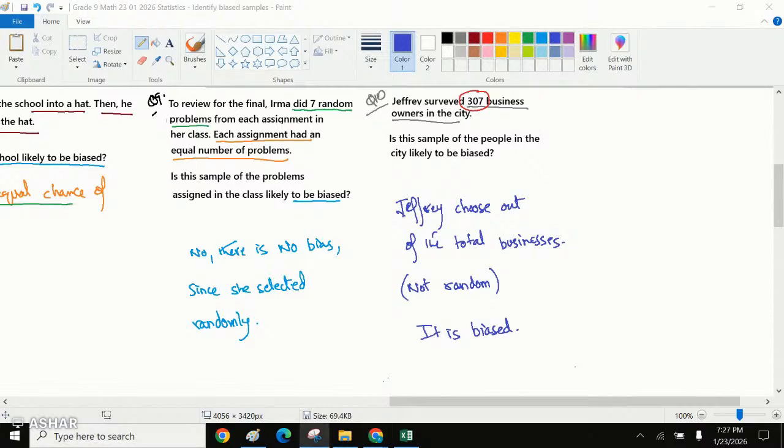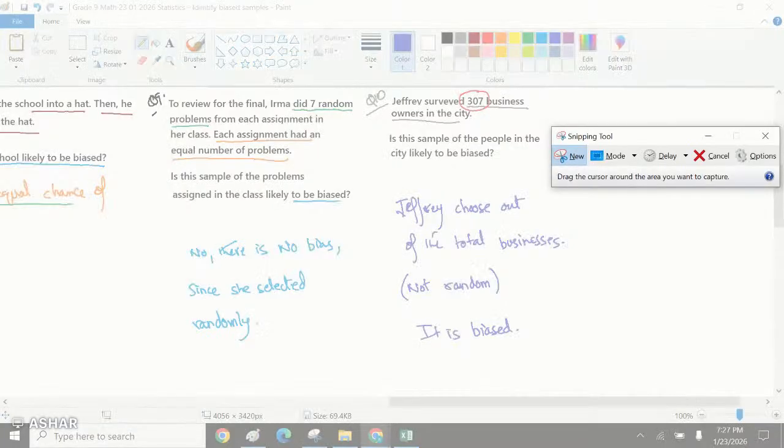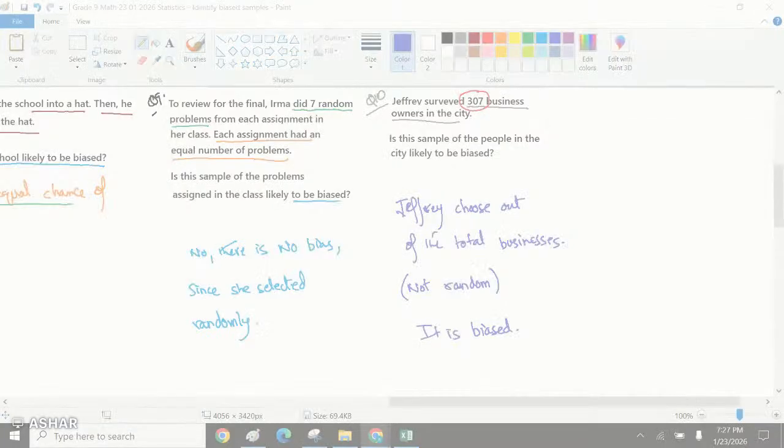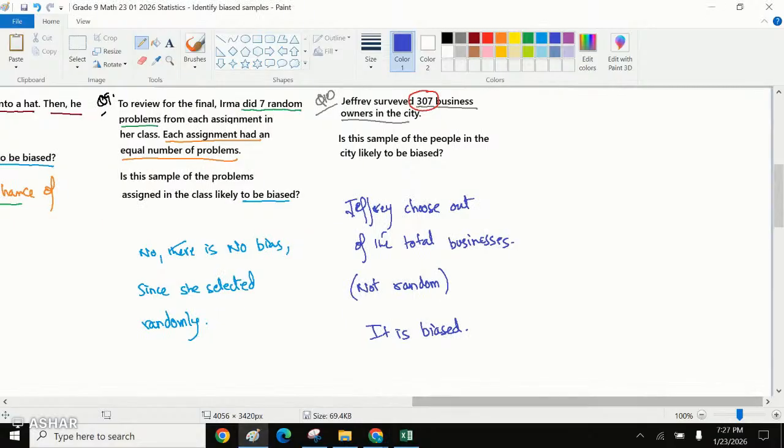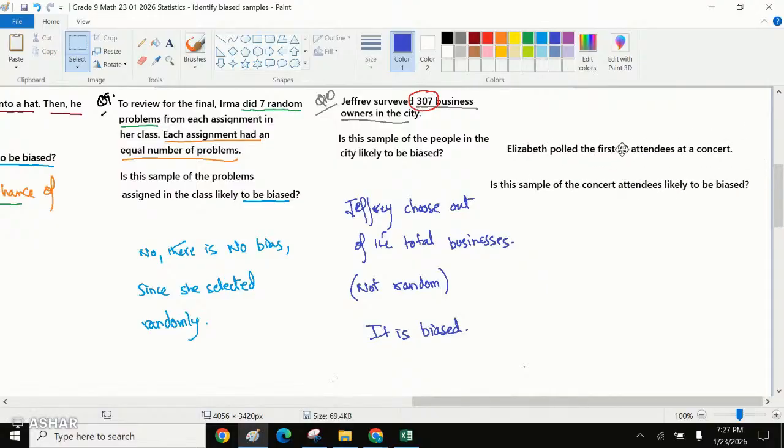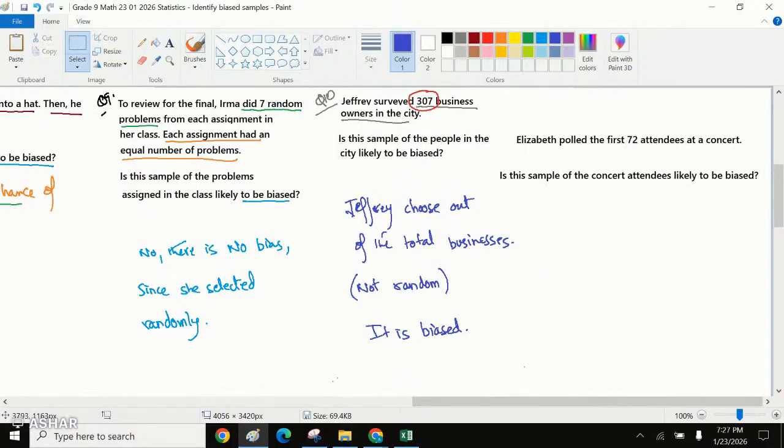Elizabeth polled the first 72 attendees at a concert. I'll just put the question over here and I'll resize this.